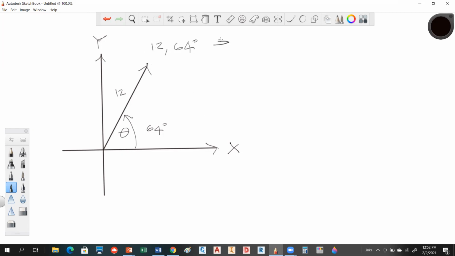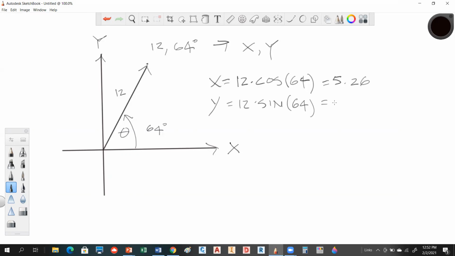So to convert that to an x and a y, you can see that your x is going to be your distance times the cosine of 64, and your y is going to be 12 times the sine of 64, and what you'll get is 5.26 and 10.79.